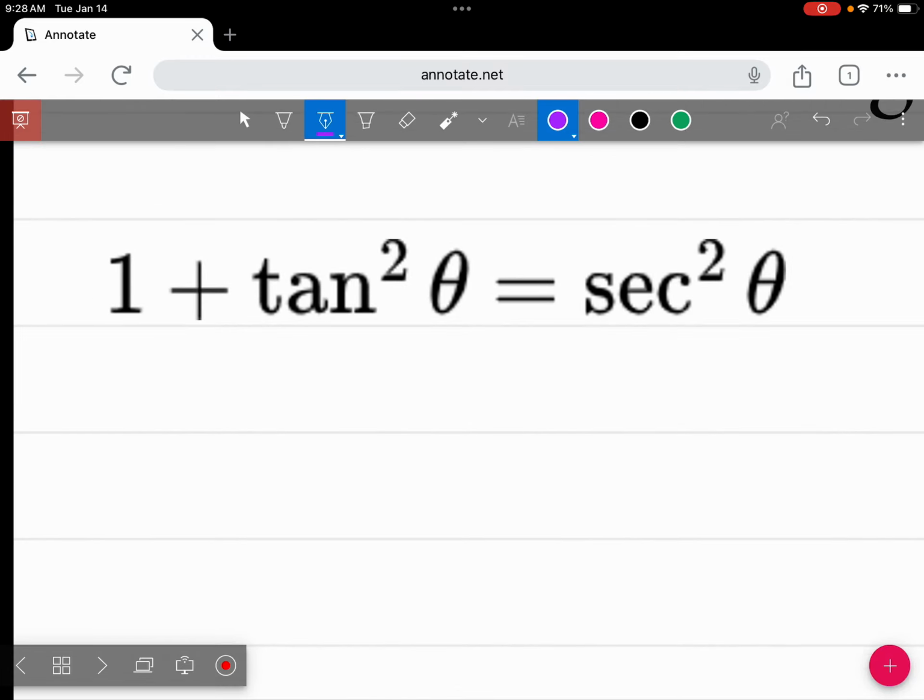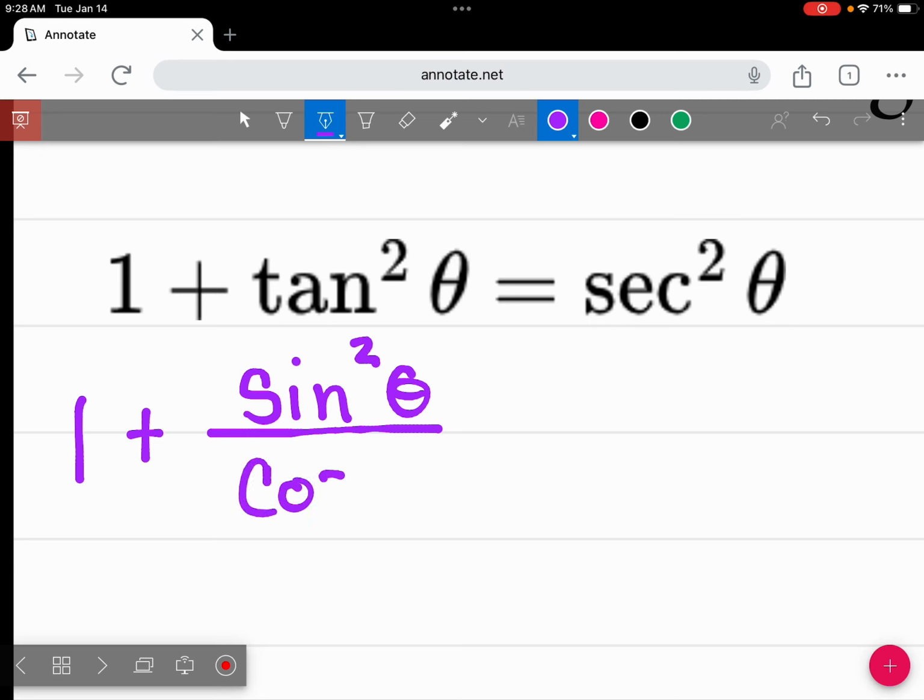If I want to write this in terms of sine and cosine, we're going to have 1 plus, and tangent is made up of sine over cosine. So tangent squared is the same thing as sine squared theta over cosine squared theta. All right, you see that? I can make that into 2 or 3 steps if we need more detail.